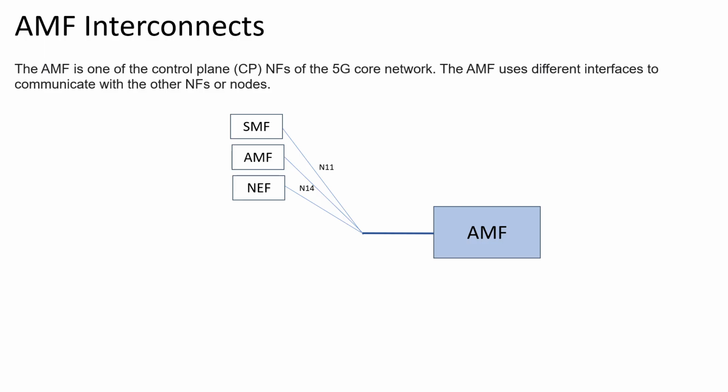The next interconnect with AMF is NEF. NEF is the Network Exposure Function. So for example, there is any terminating notification which needs to be sent towards the subscriber, right? NEF is the exposure function which talks to any third-party application, right? And any third-party application wants to send some notification to the customer, right?